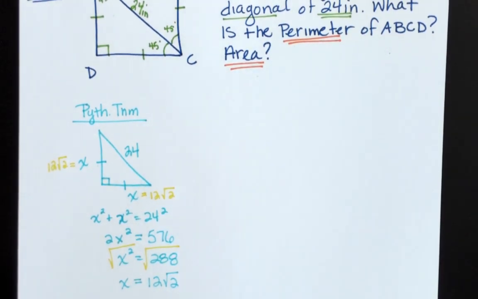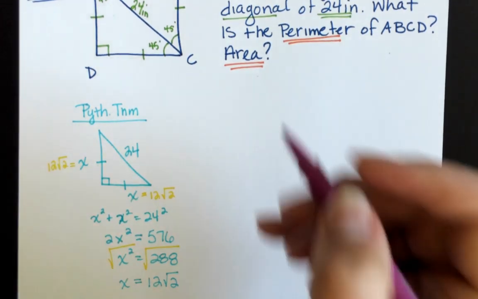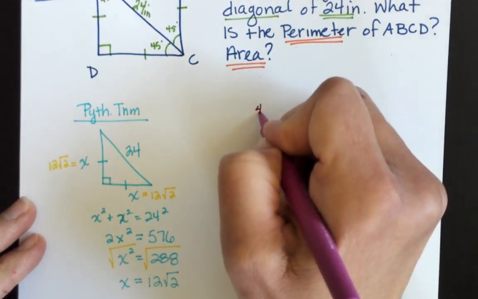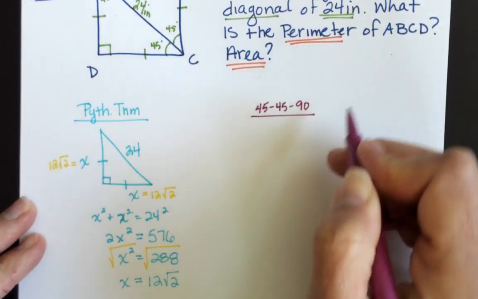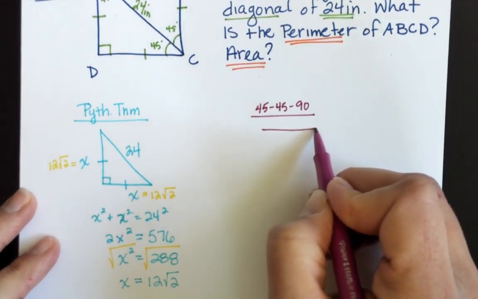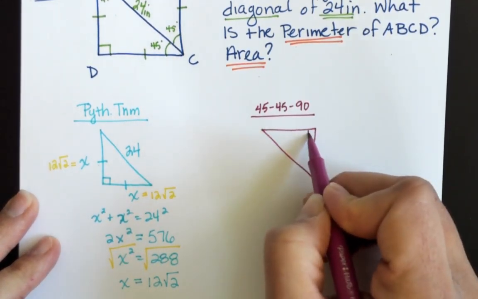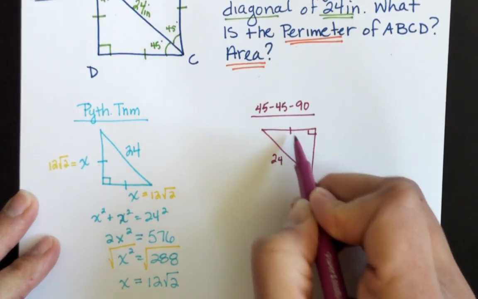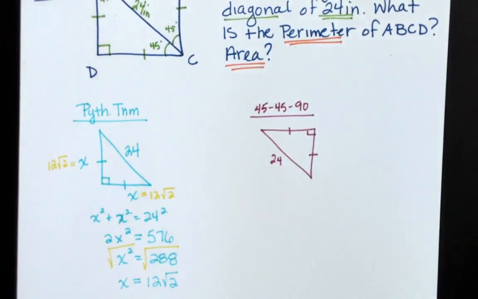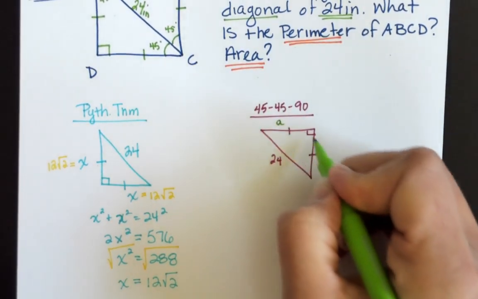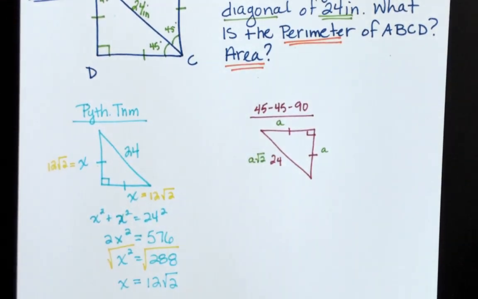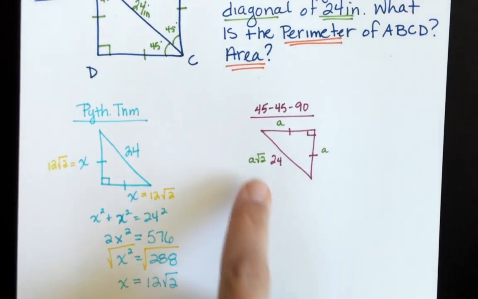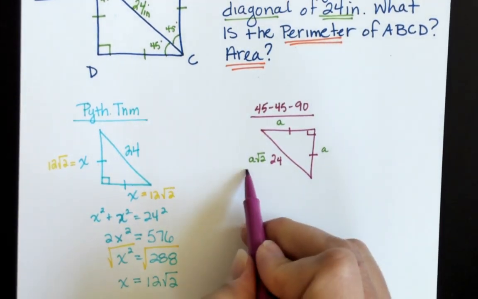Now I could do this using our special rights and our 45, 45, 90 pattern. And so I could do this using that A, A, and A radical 2 formula, where we know that because they are next to each other, they are going to be set equal.